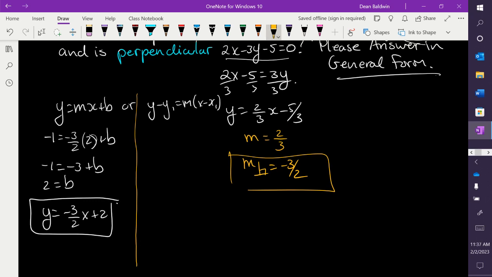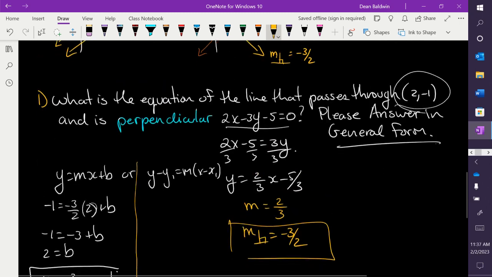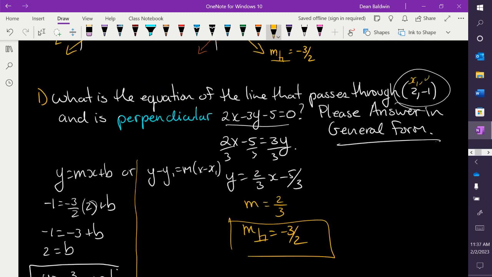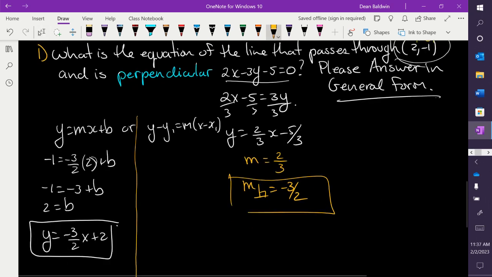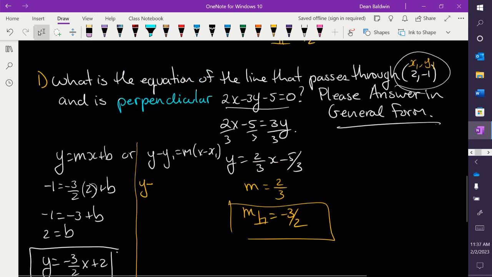All right. If you do it with the other one, the point-slope. I mean, you don't have to do it with both. Obviously, you can just pick one. So my x1, y1 are this. There's x1, there's y1. So if you put that into this equation, I'm going to get y minus... Now, it's subtracting a negative, so that means it's going to switch to positive. Does everybody understand that? Does that make sense? All right. My m value is -3/2, and x is 2. x minus 2.